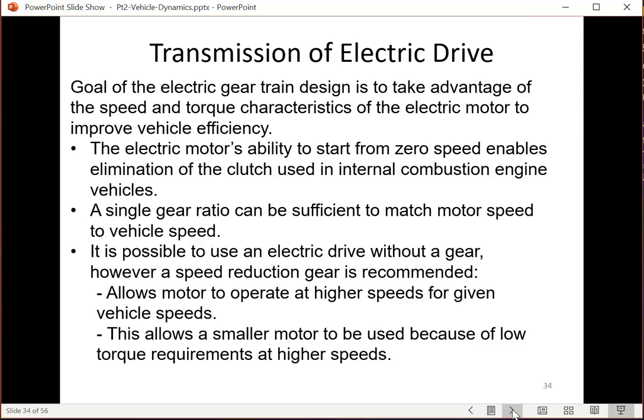Whereas internal combustion engines only give you the best efficiency in a very small window of operational speed range. Electrical motors match the torque and speed relationship required by the traction of vehicles really well.